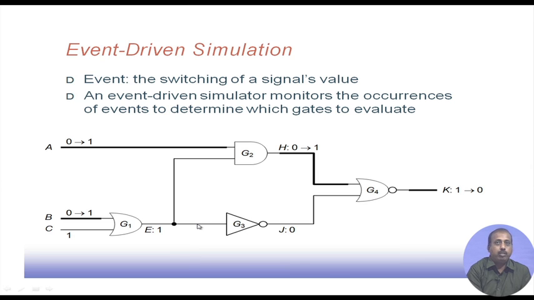This is a very small circuit, so only a very small portion can be left out, but with more complex circuits, this may be able to get rid of a larger portion of the circuitry from simulation. That is the event driven simulation. It is often used to speed up the simulation process because we do not need to simulate every gate in the circuit.